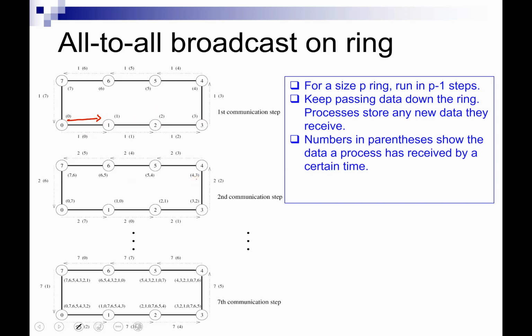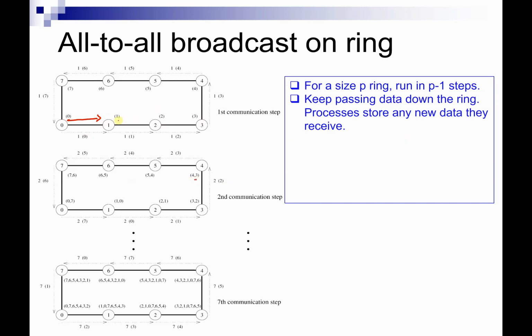And likewise, when 1 wants to pass its message around the ring, it's going to first send to 2, and then 2 is going to send to 3, and so on. So you see that the first step of all of these broadcasts is going to use different links. 0 is going to use the link between 0 and 1, and 1 is going to use the link between 1 and 2, and so on. So none of these messages conflict with each other.